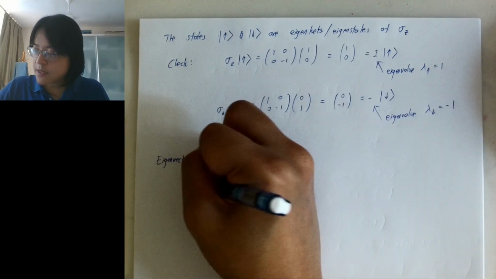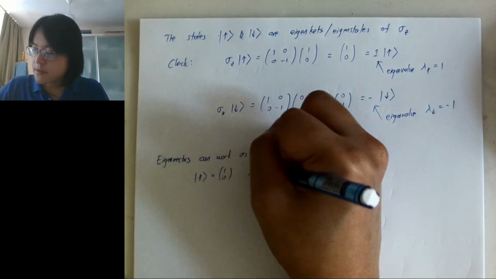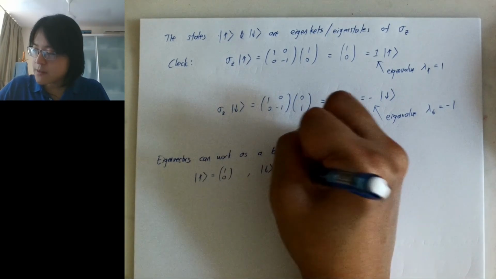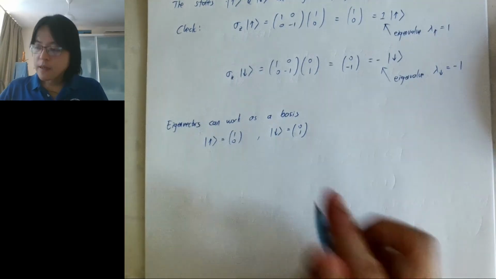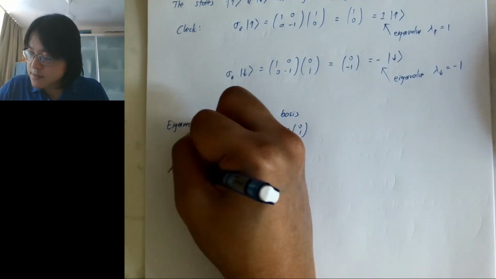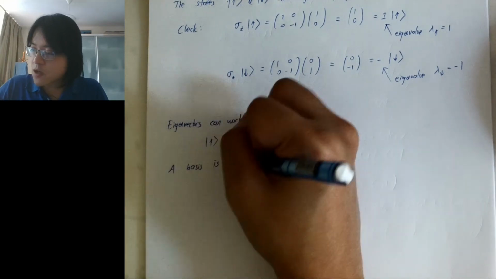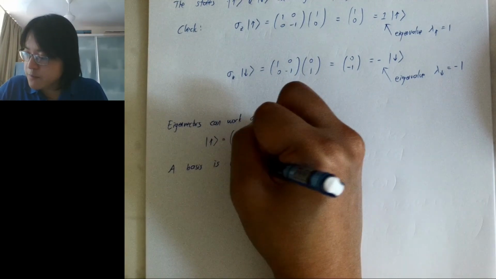Because psi1 is (1, 0), and then ket down is (0, 1). And a basis is complete. So that is what I want to explain. What do I mean by a basis being complete?